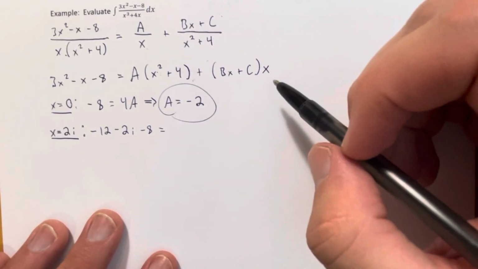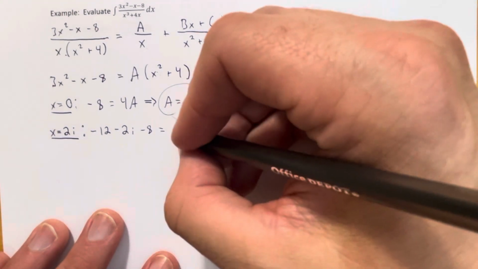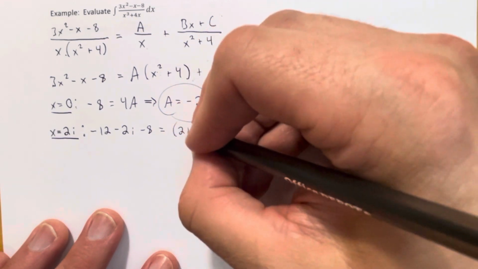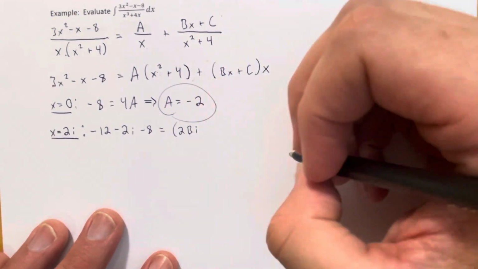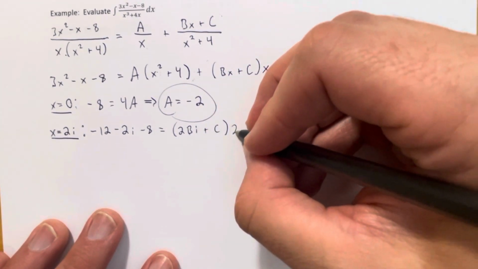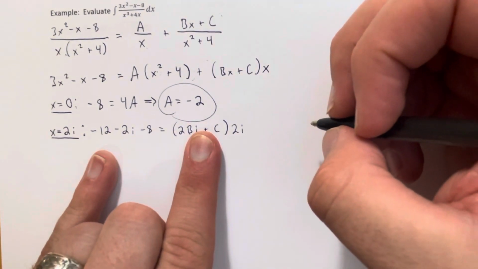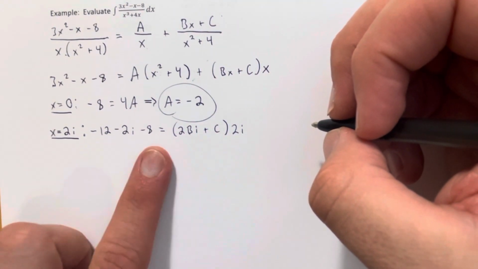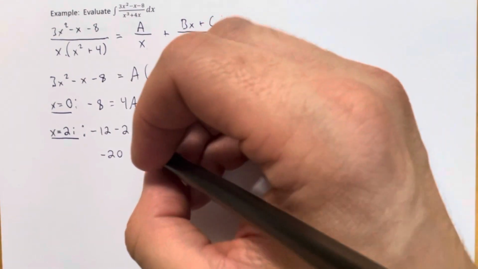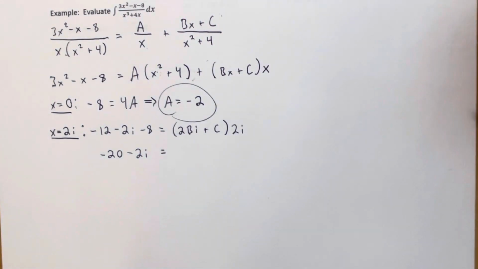On my right-hand side, I'm going to have this go to 0, and over here, I'm going to have b times 2i, which I'm going to write as 2bi, I like to keep the i at the end, plus c times 2i. Okay, now I'm going to simplify both sides. So here, -12 minus 8 would be -20. And then that minus 2i doesn't have any other i terms to combine with, so it's still minus 2i.